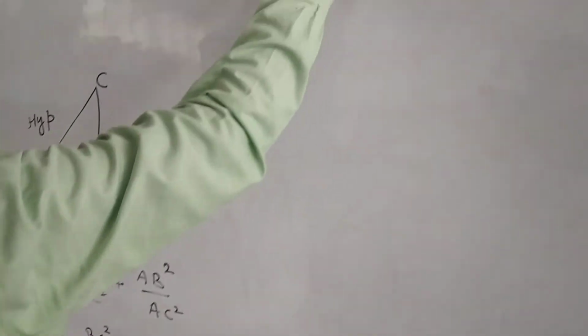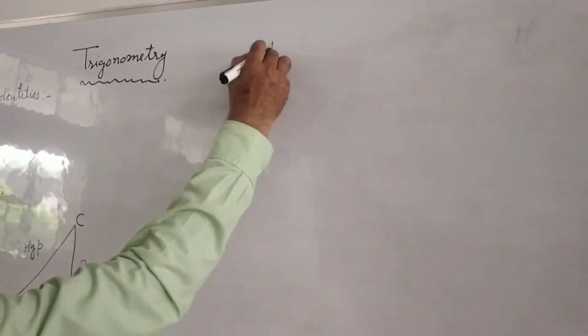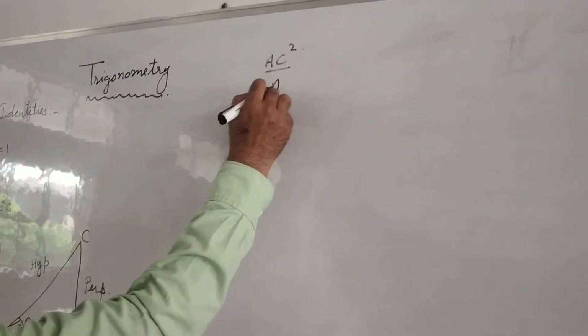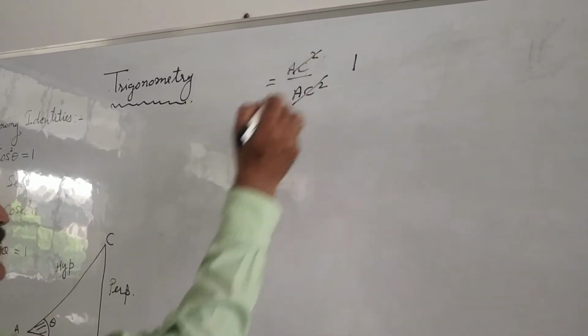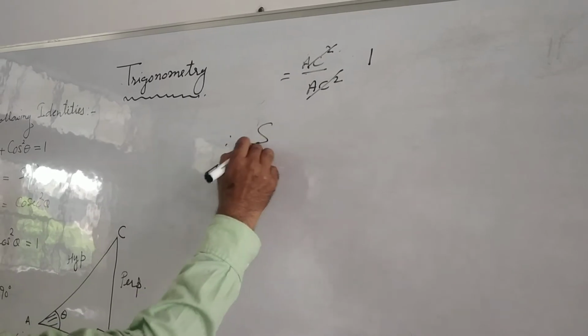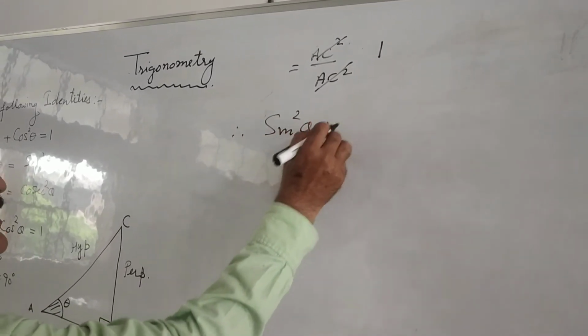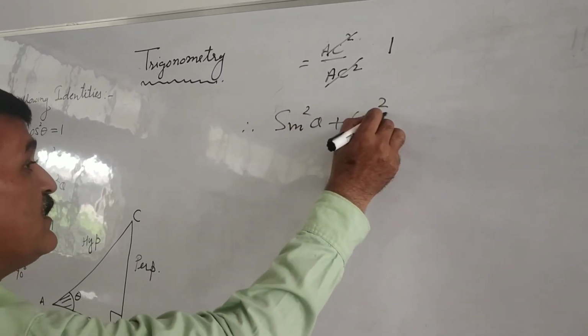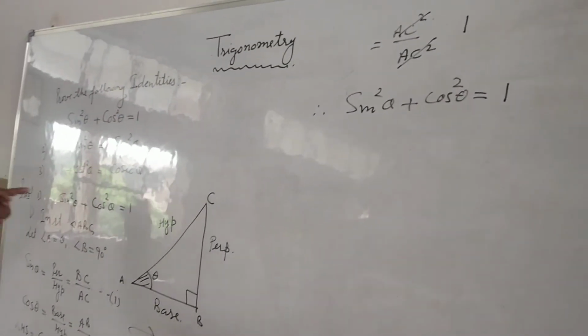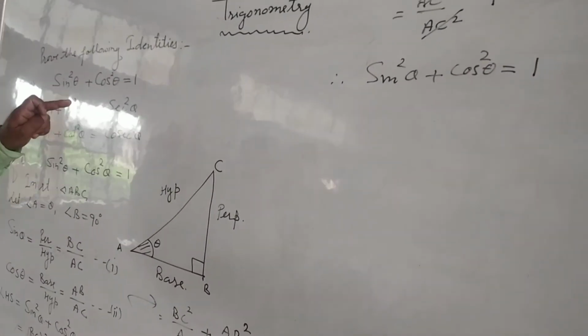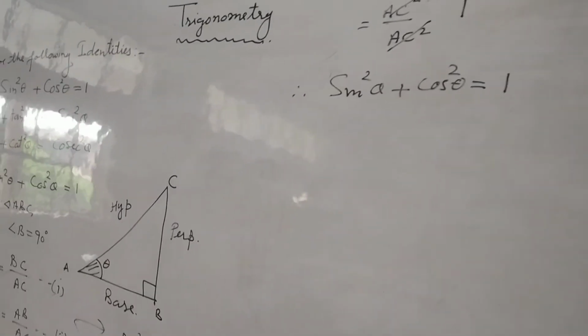You will get AC square over AC square. When we cancel down, we will get 1. So therefore, sin square theta plus cos square theta is equal to 1. So this is the proof of the first identity.